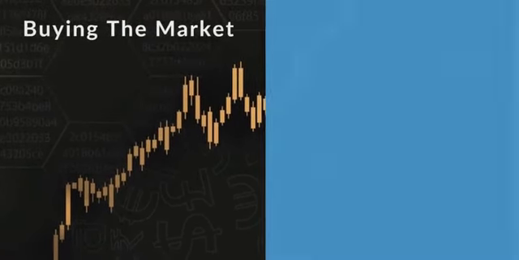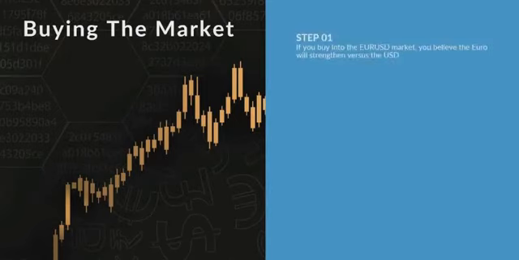So let's take a really simple example to show what we're talking about. Okay, let's say we're looking at the Euro to USD chart on the Forex markets. So we're looking to buy into the Euro USD market. And what does that mean? It means that we believe that the Euro will strengthen versus the US dollar. So if we're buying into the Euro USD market, we're pretty much saying that our Euro is going to be worth more US dollars at a future point in time.